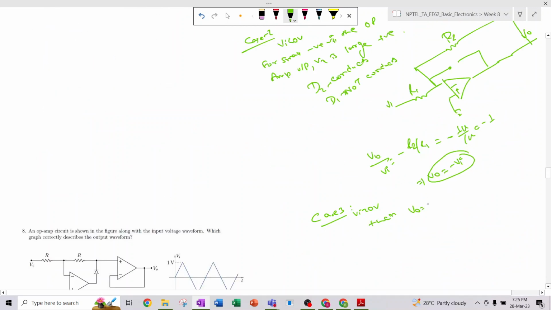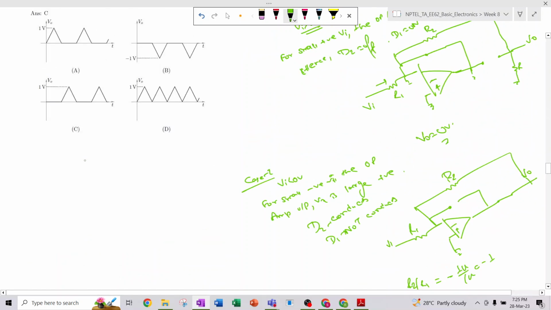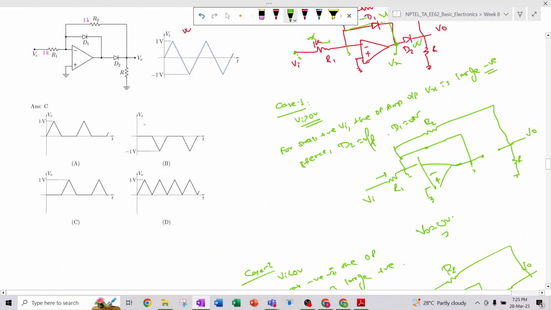So the graph should pass through the origin, that is 0, 0. So how can we draw the graph? So it is Vi, so the output will be like, so if this is Vi, this is Vo, what happens?